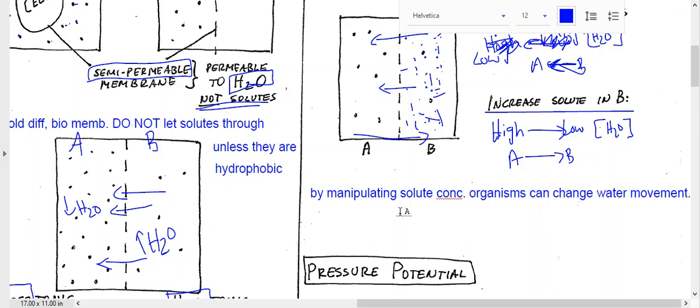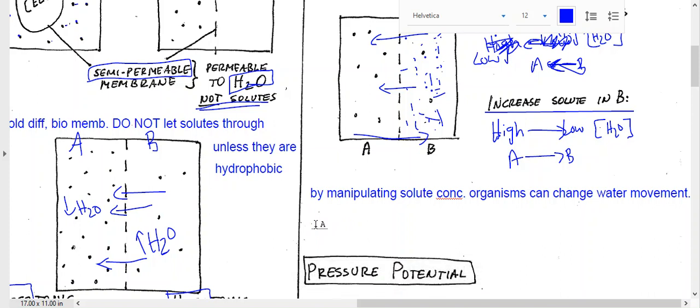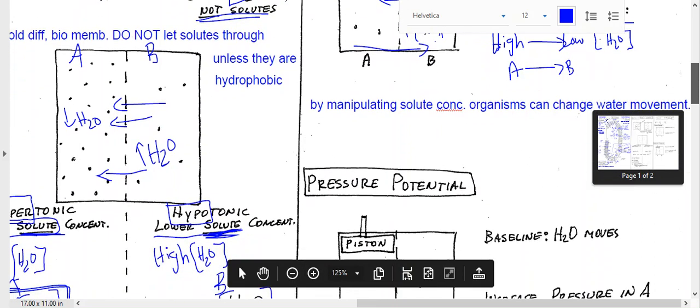If they want to bring water into the cell, they'll pump ions and solutes into the cell to draw water into the cell. If they want water outside of the cell, they'll pump ions and solutes outside of the cell, and water will follow. It's always going to want to move from a high water to a low water concentration, and you can achieve that simply by manipulating solutes.